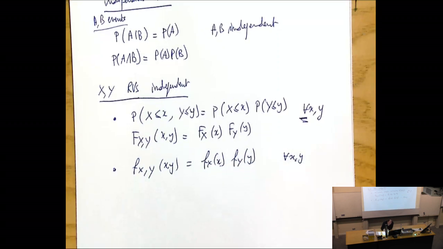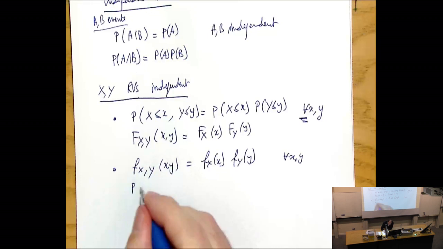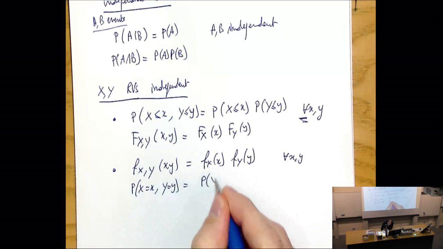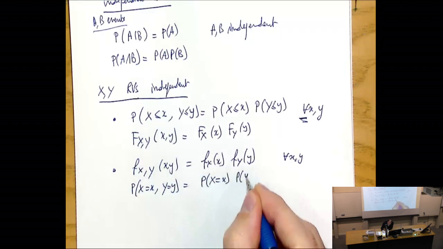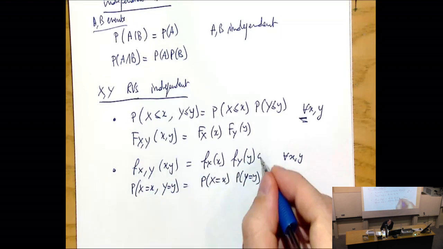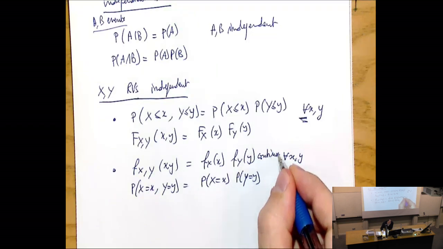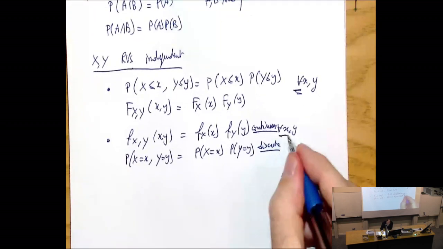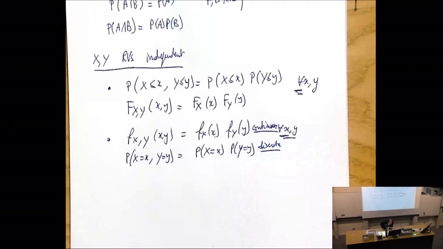Or in terms of discrete random variables, the probability of having X and Y is essentially the product of their probabilities. So this is for continuous, this is for discrete. But here again, it has to hold for all x and all y.